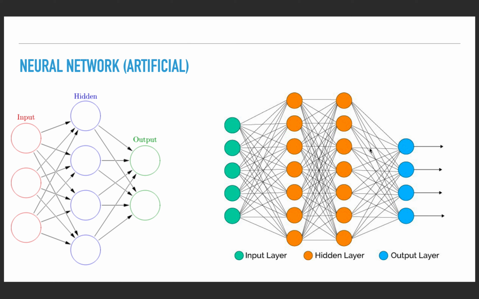So say we have two hidden layers here, so we can see how complex the network is. So we have five inputs and seven neurons in the layer.